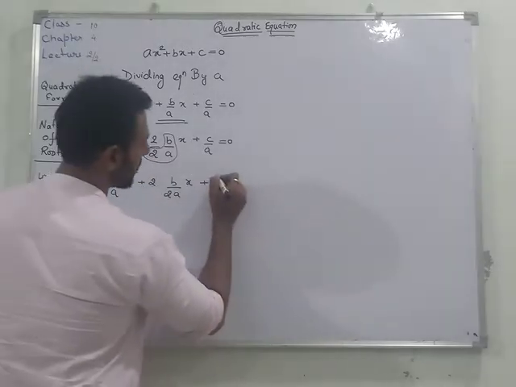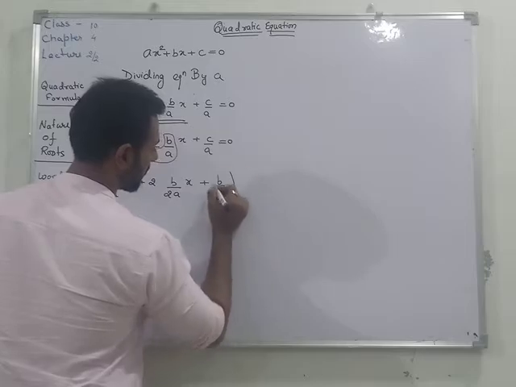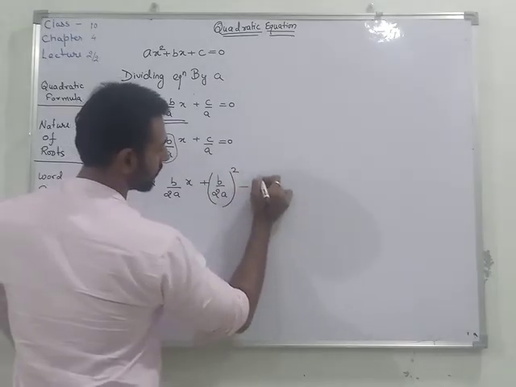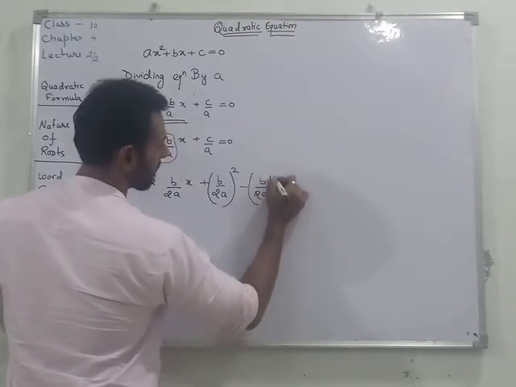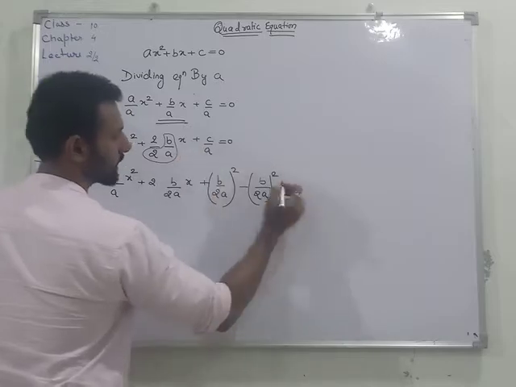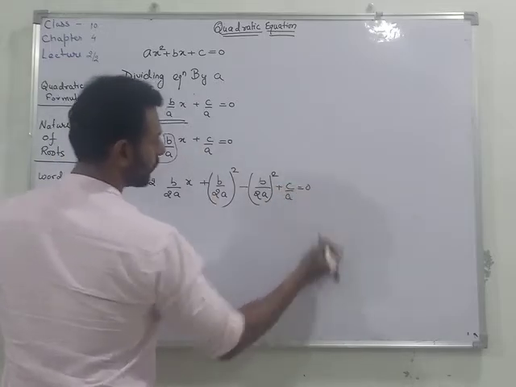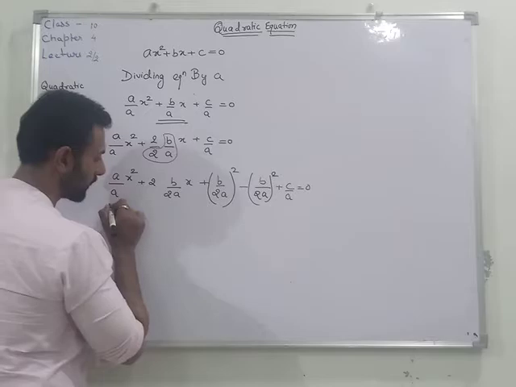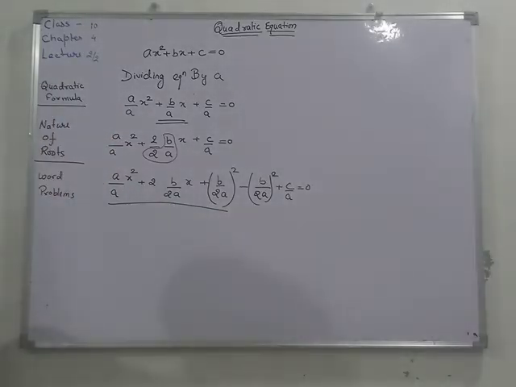So this will be b by twice of a whole square, this is the addition, subtracting it also, b by twice of a whole square, plus c by a is equal to 0. Why have we done all these things? Because we want to make this a perfect square term.